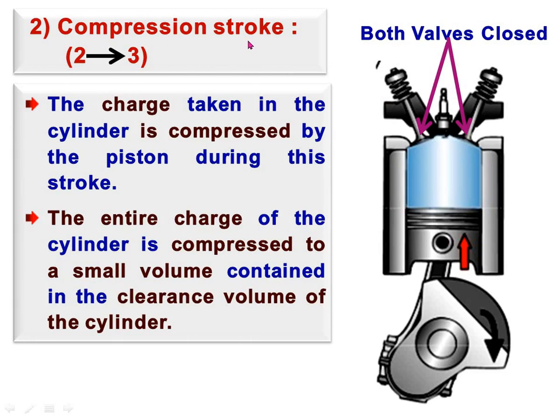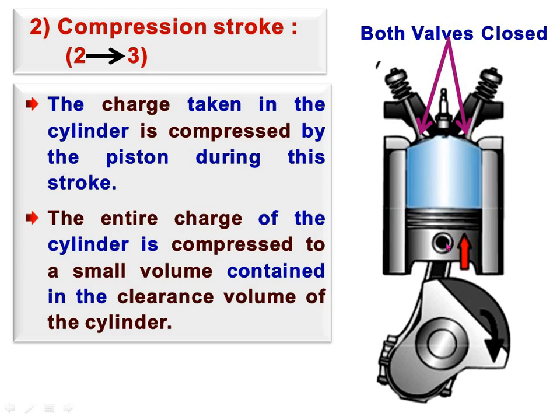Now second is the compression stroke, represented by 2 to 3. The charge taken in the cylinder is compressed by the piston during this stroke. The piston travels from bottom dead center to top dead center, and at that time both the valves are closed.